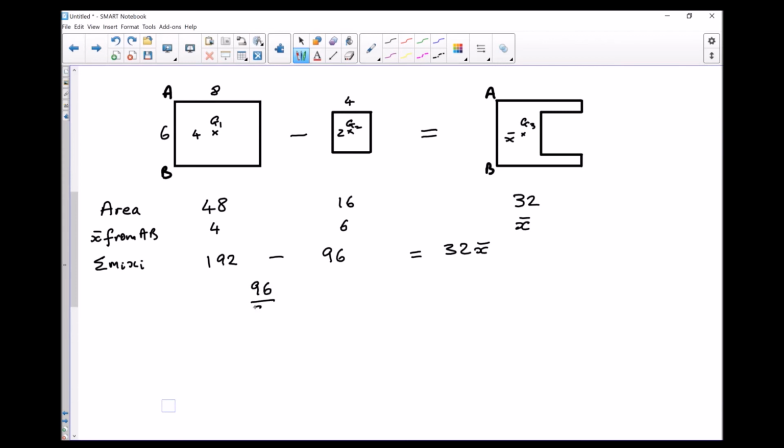Divide by 32, and we've got that x bar is 96 over 32, which is 3.